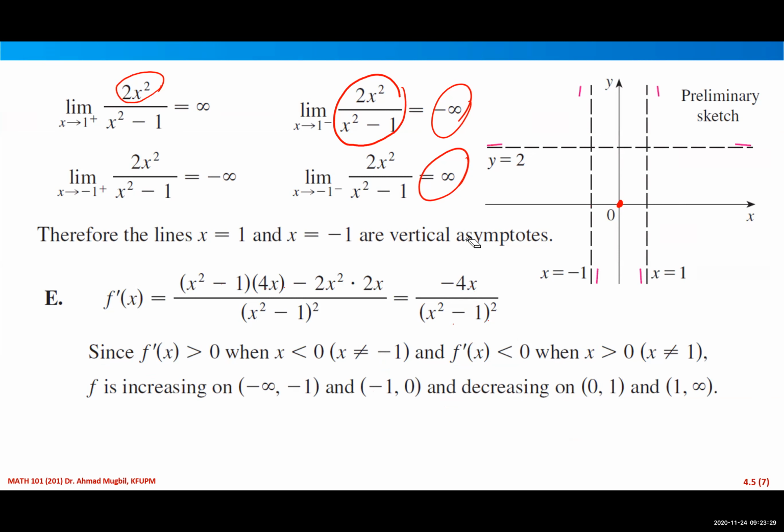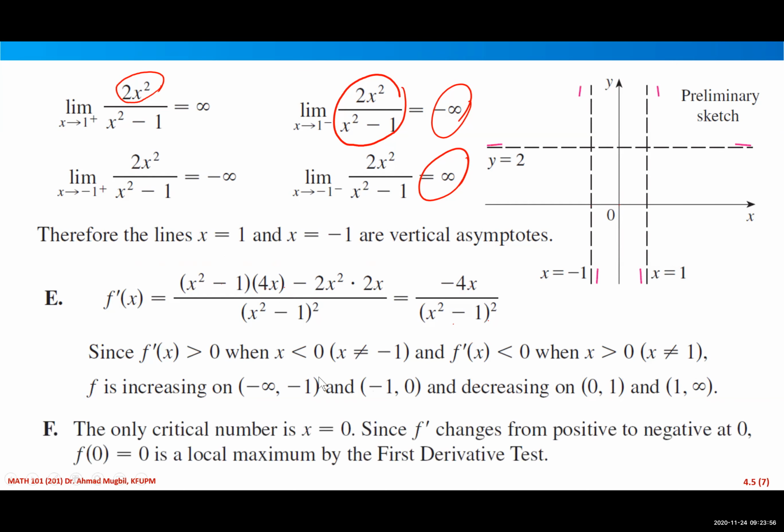But of course, here we will be 100% sure. For this function, I do agree with you. I told you I can sketch the graph without the derivatives. Stop here and sketch the graph. But of course, for other functions, it is not easy. You will see that. When you are, ya shabab, 100% sure about your graph, خلاص, sketch the graph.